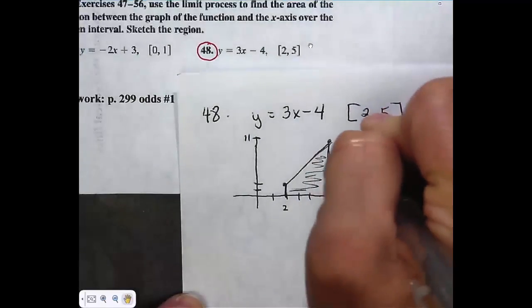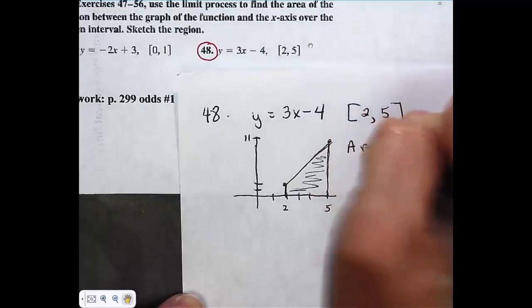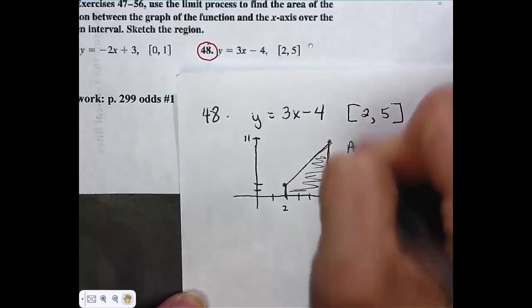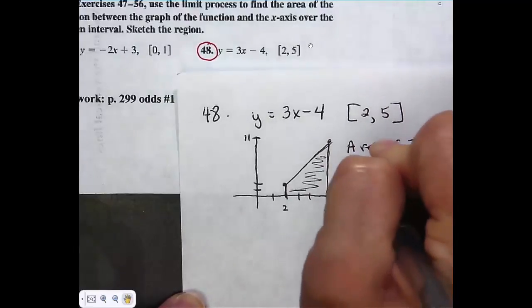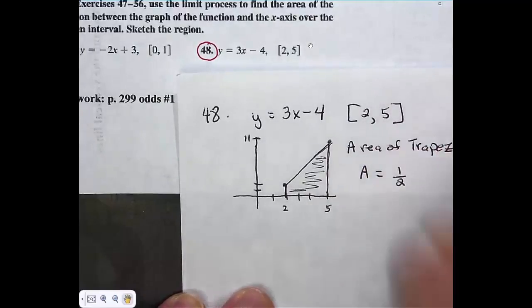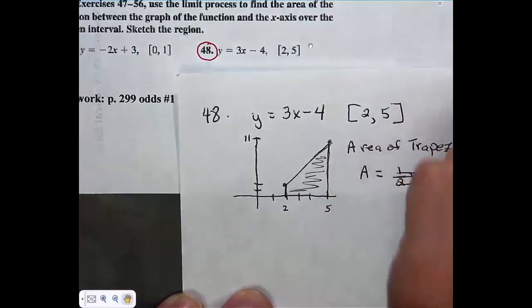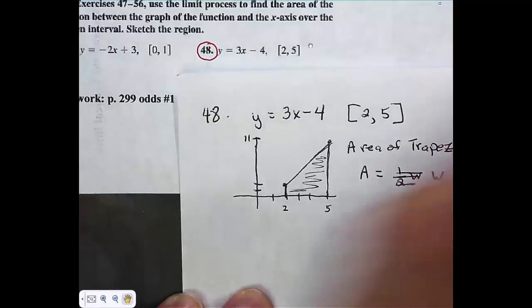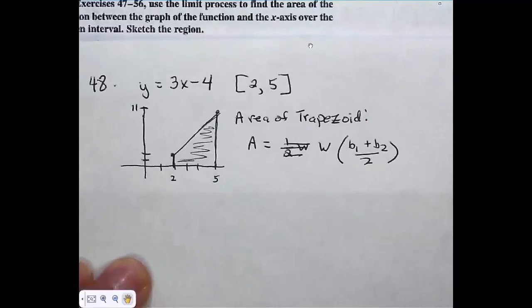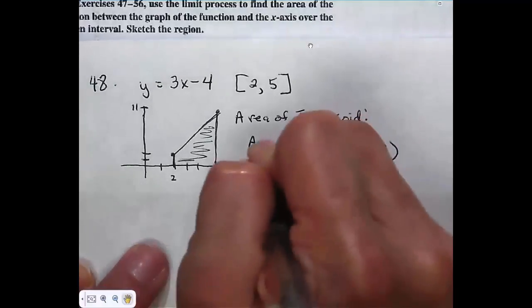The area of a trapezoid is the width times the average of the bases, base 1 plus base 2 divided by 2. In your geometry book, it may have been written with different letters, but basically that's what it is.